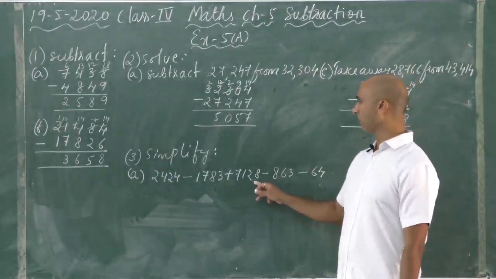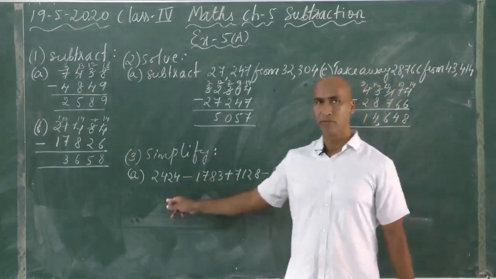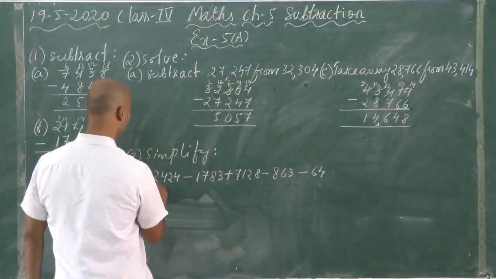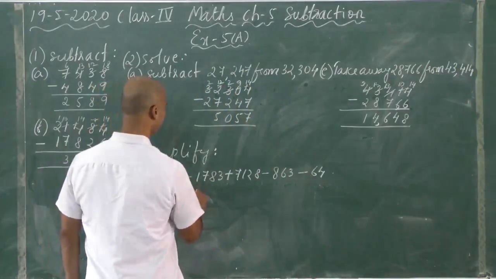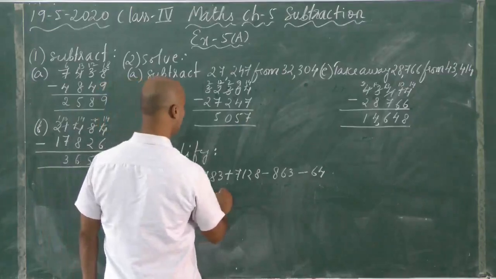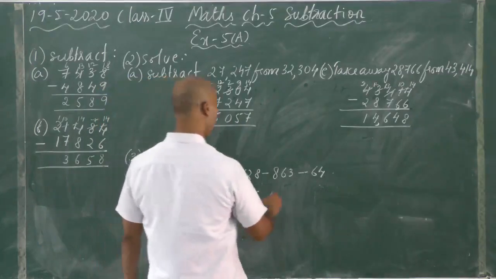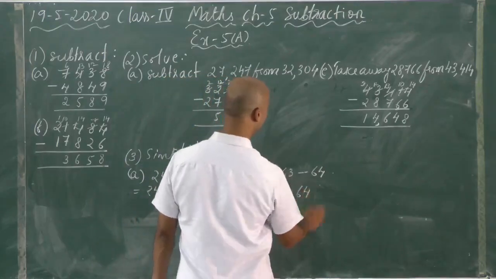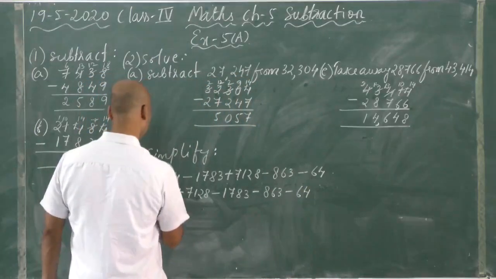So 7128 has a plus sign before it, so this will be added to the first number. So you will arrange it and write it: 2424 plus 7128 minus 1783 minus 863 minus 64. So first you will add, so we add it.